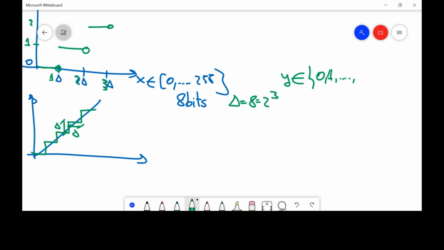That is 2 to the 5 minus 1. This is the maximum ratio I can have with the floor, right? The maximum value is 2 to the 8 minus 1, and if I divide by 2 to the 3, the maximum ratio is 2 to the 5 minus 1, which is 31. So how many bits do I need to store y? 5 bits.